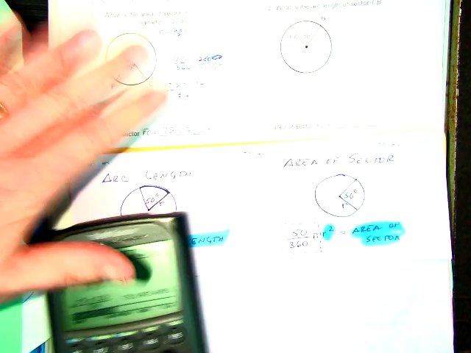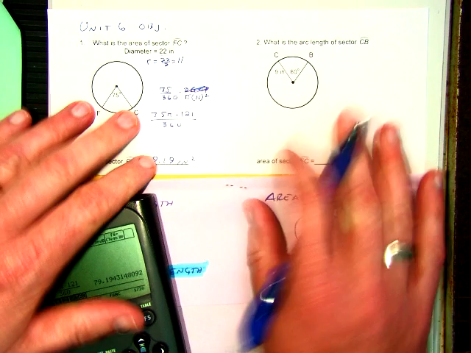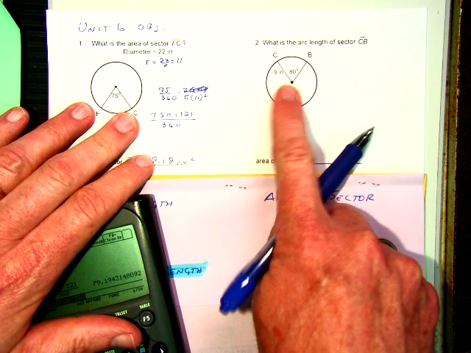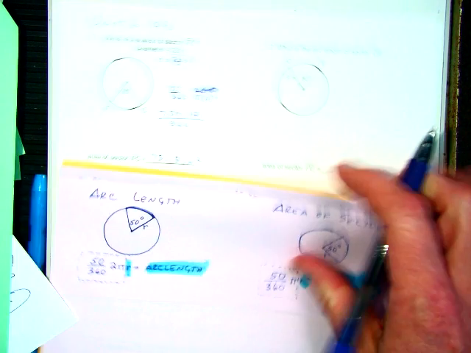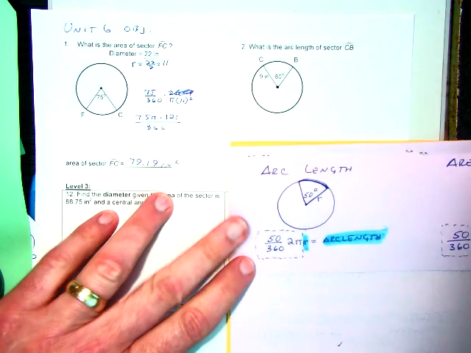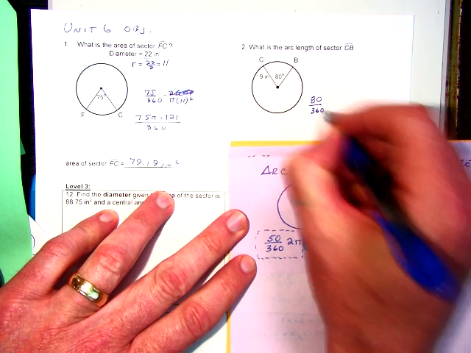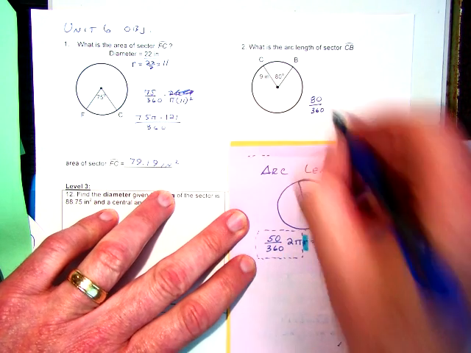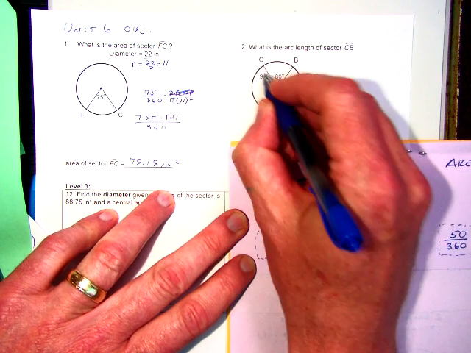The next one says arc length. In this case, we gave you that the radius was 9 and the central angle was 80. So we're going to use this one here. We're going to do 80 over 360, because that's central angle over 360, times 2 pi times 9. So my radius is 9.